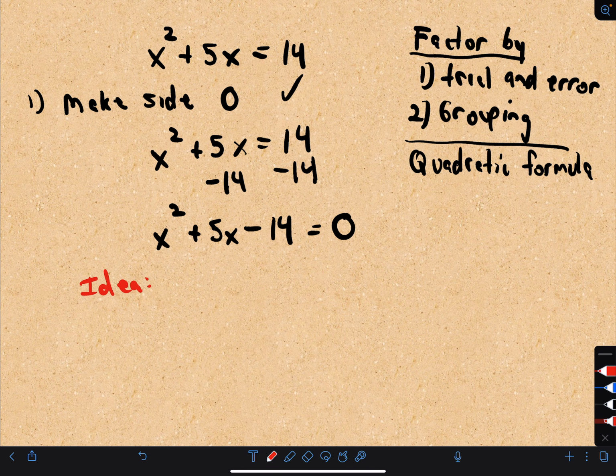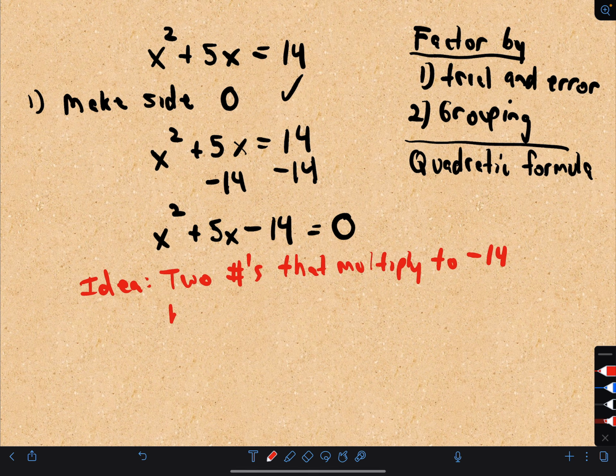Okay, so the idea in this case is, if it factors nicely, I'm doing air quotes here, we want two numbers that multiply to negative 14, but add, so I'm looking at the constant here. So you want two numbers that multiply to whatever your constant is.